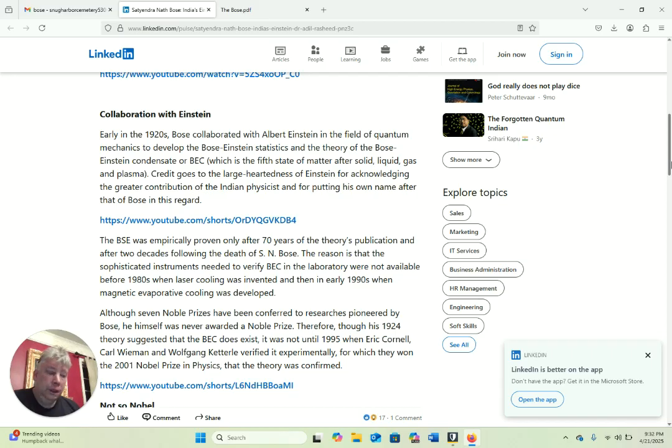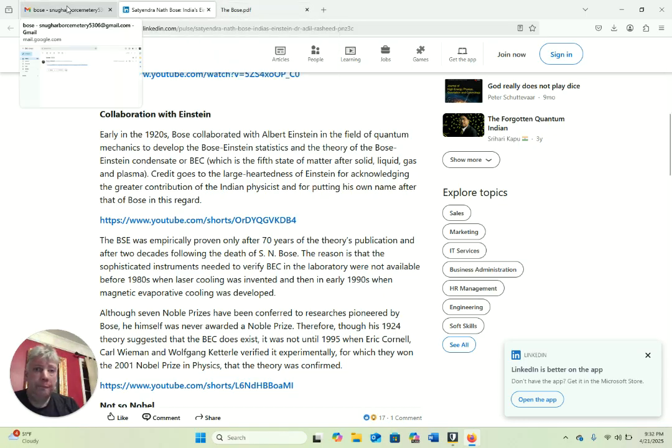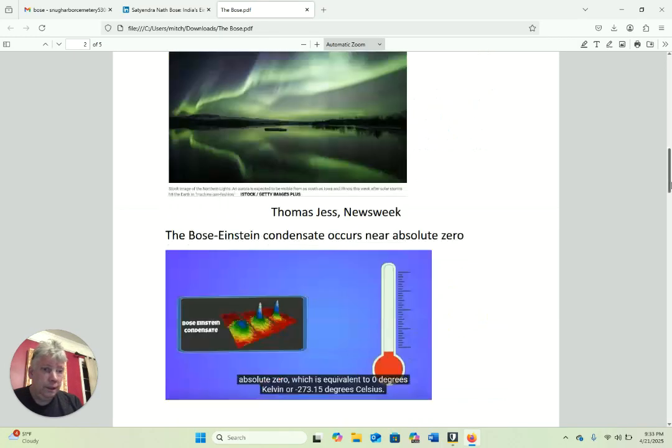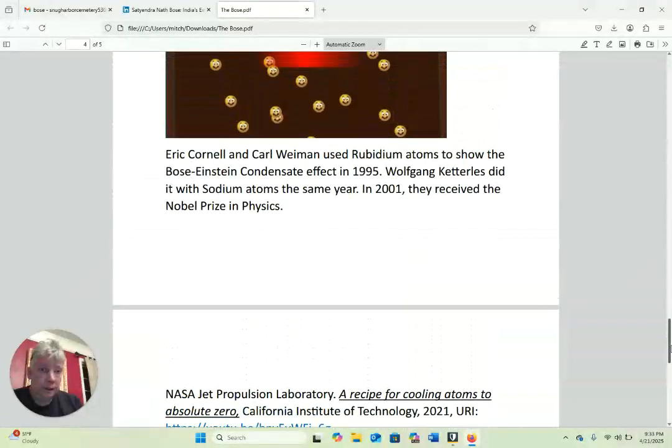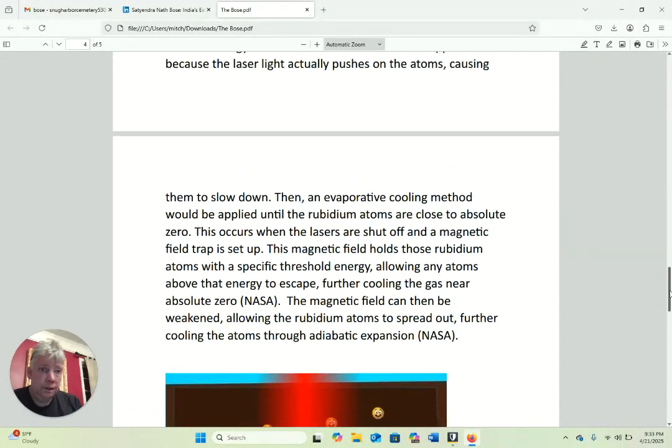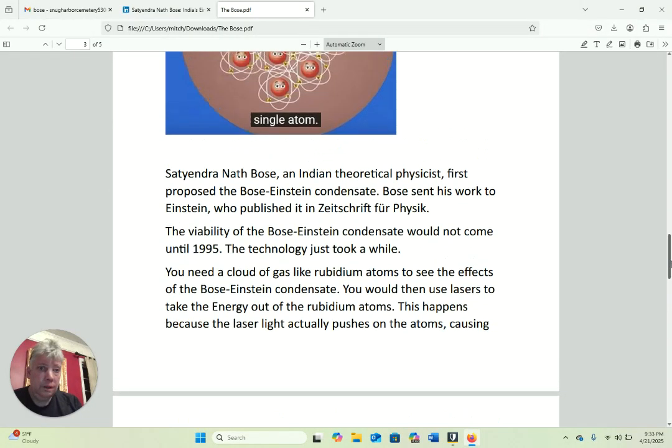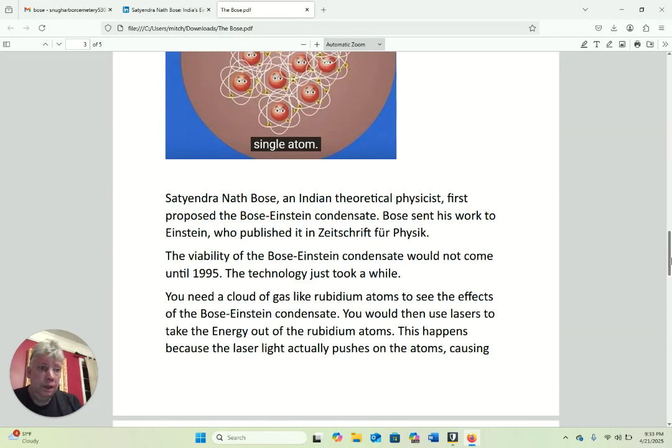Einstein had it published in a German scientific periodical, Zeitschrift für Physik, which is written right here.